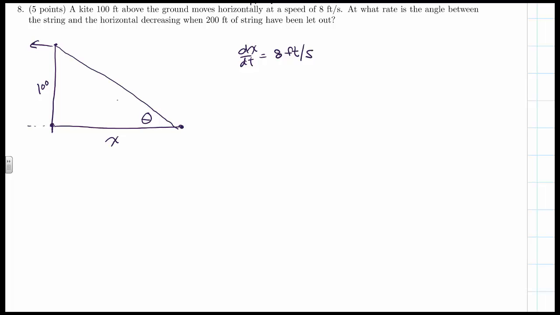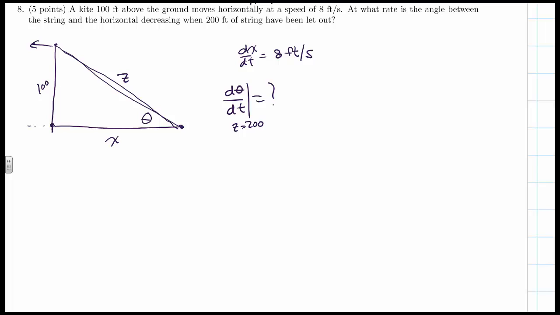So string is this distance here, we'll call that z. So the question then becomes, what is d theta/dt when z is equal to 200?